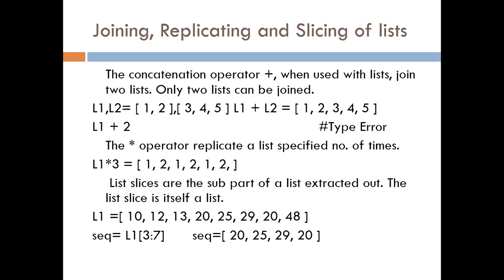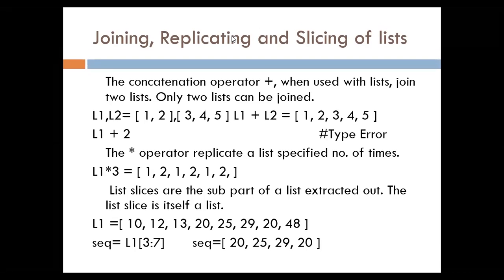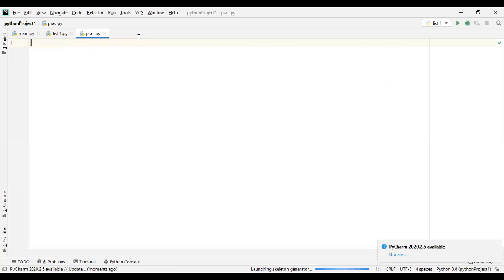Let's look at this example. So let's say I have list 1 which equals to, and then I have list 2 which equals to.